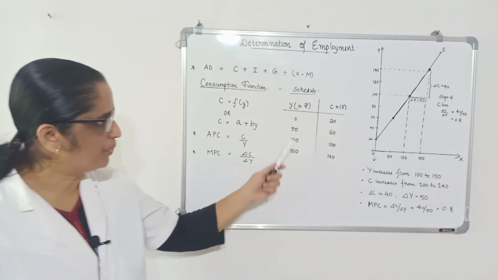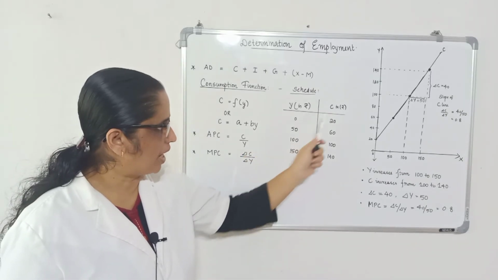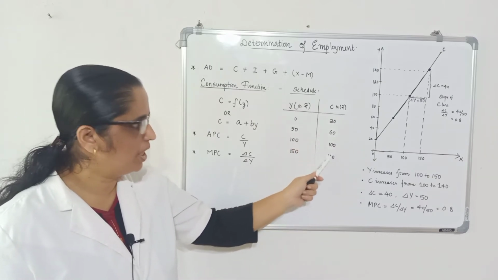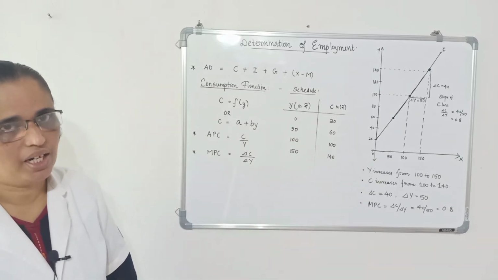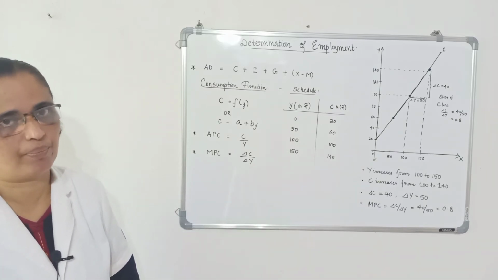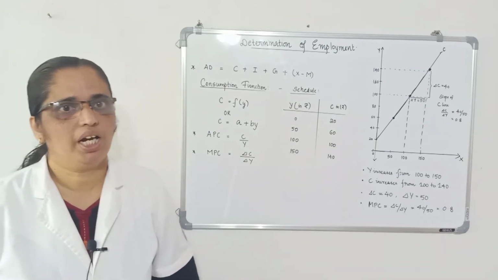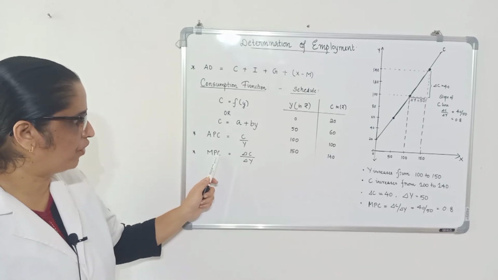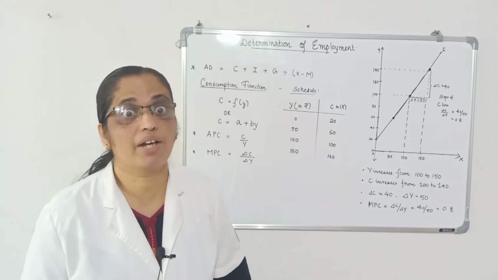So when income increases, consumption also increases, but the rate of change in consumption is less than the rate of change in income. What's the meaning? Consumption lags behind income. At higher levels of income, people start to save a part of their increased income. That is why the value of MPC is always positive but less than 1.